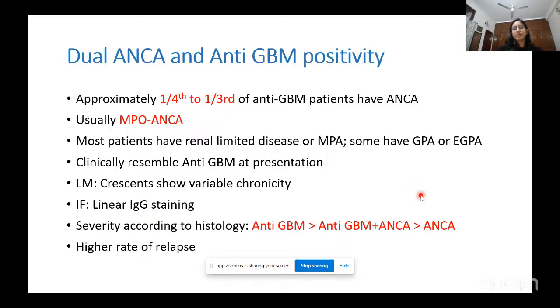So, an anti-GBM, like I said, is a one-hit disease, and all the crescents usually have what is called temporal homogeneity, but whenever there is a dual positivity, we can see a temporal heterogeneity. These cases usually have a higher rate of relapse post transplant, but the prognosis is better than an anti-GBM disease but worse than an ANCA disease.